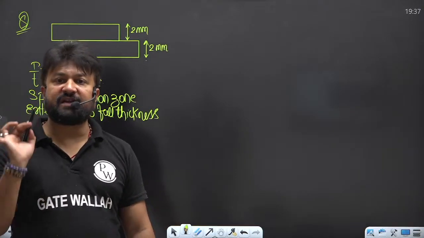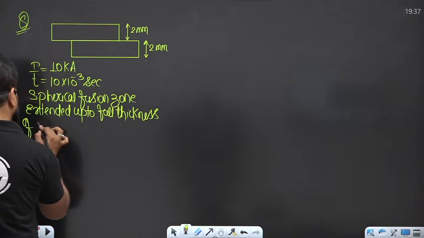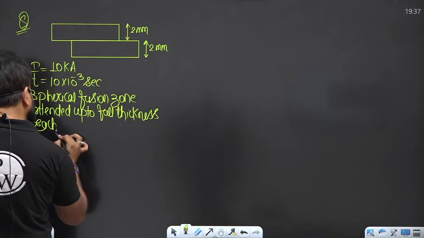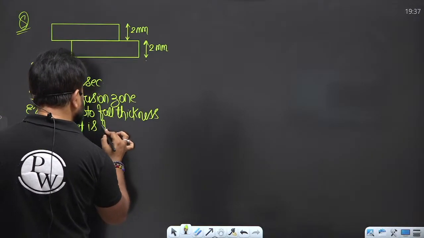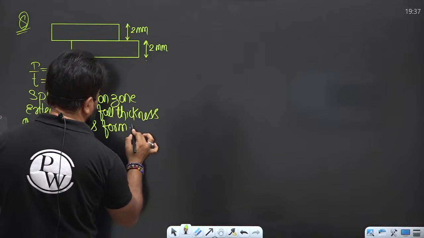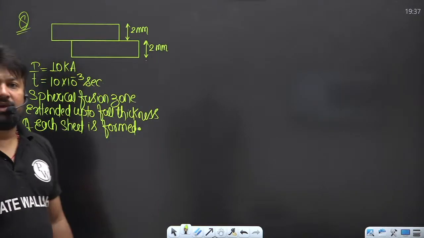Extended up to full thickness of the sheet is formed.